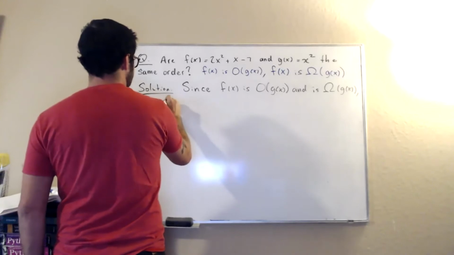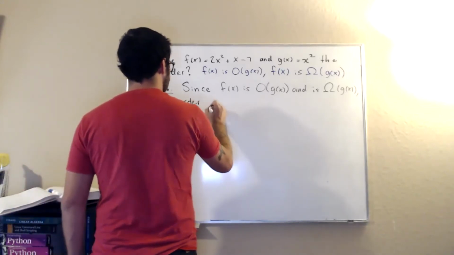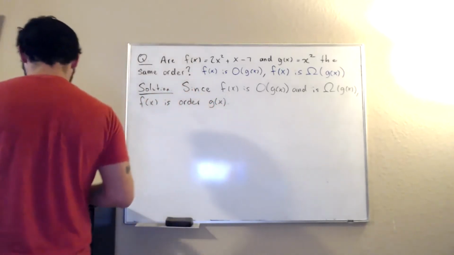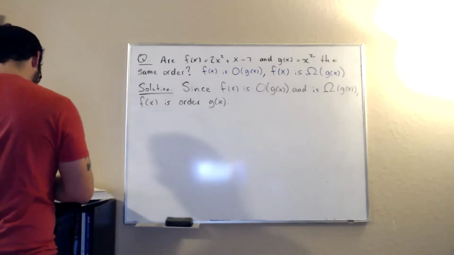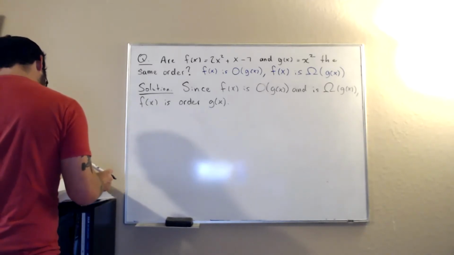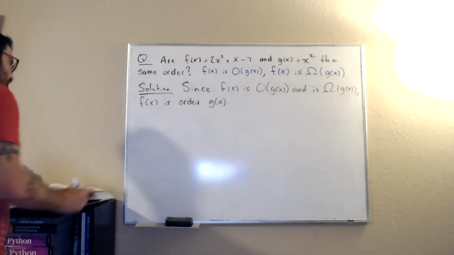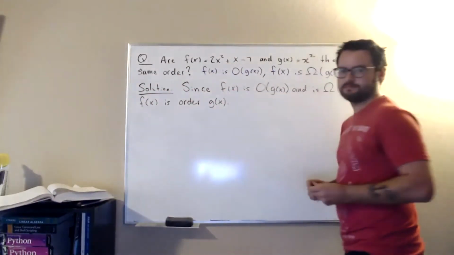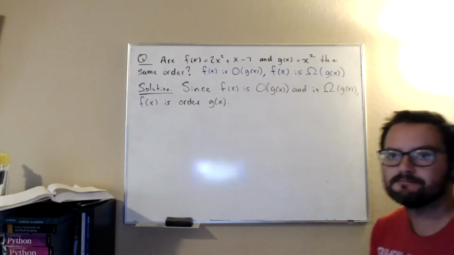So f of x is order g of x, and they have the same order.